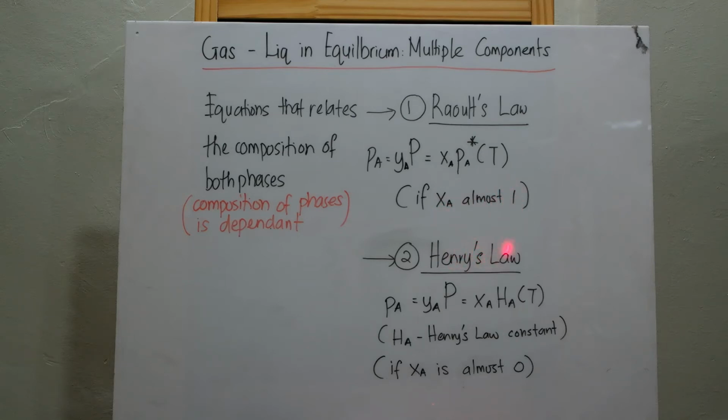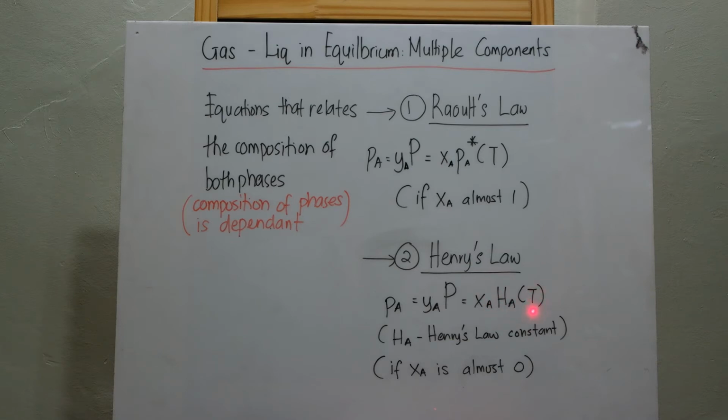If we want to use Henry's law, which is quite similar to Raoult's law, here we have the gas phase in equilibrium with the liquid phase. This is still a composition, and this is Henry's law constant for the component. If we want to use Henry's law, we need to know the value of this Henry's law constant. But unfortunately, in our textbook, we do not have this.